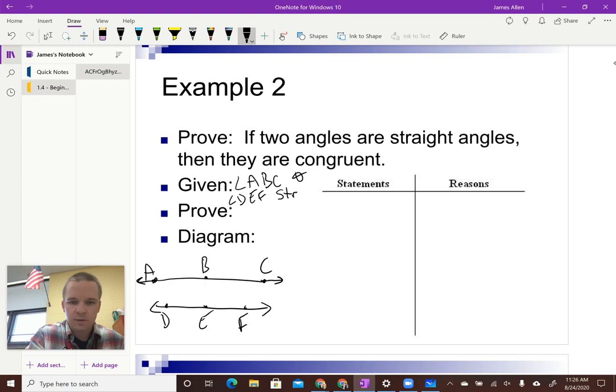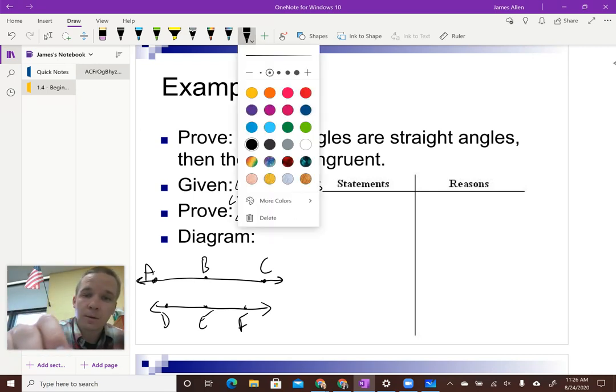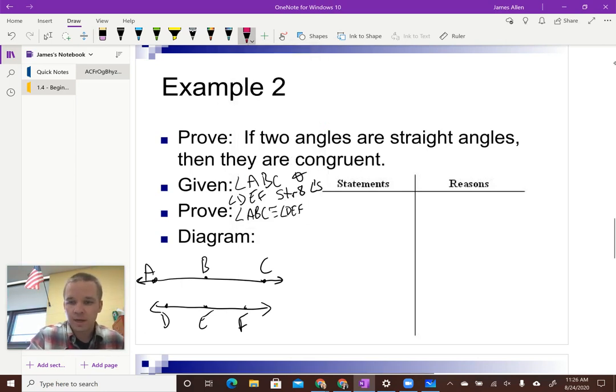And then we want to prove that they are congruent. So our proof statement is angle ABC is congruent to angle DEF. All right. So we've got everything that we need. Cool. All right. Let's see here. I'm going to switch colors. I'm going to go with this lovely color here. So our first part is our given, right?